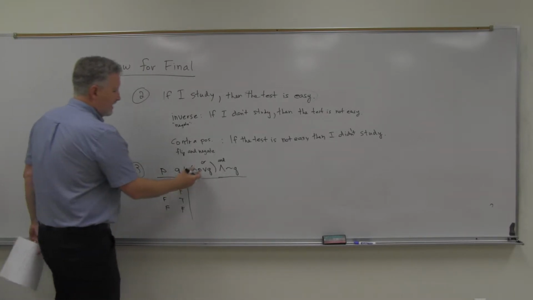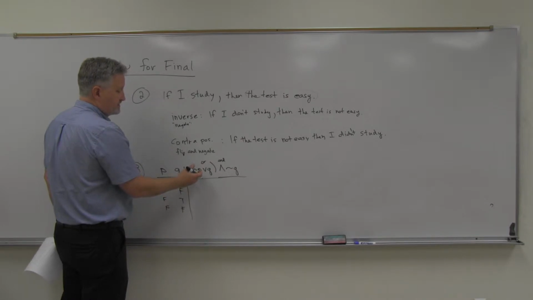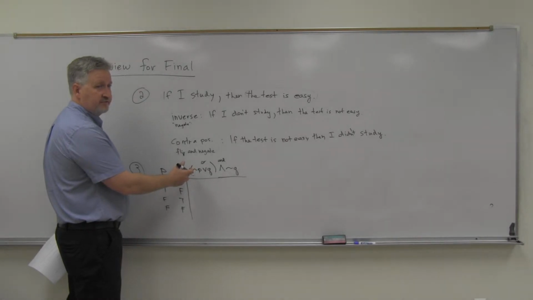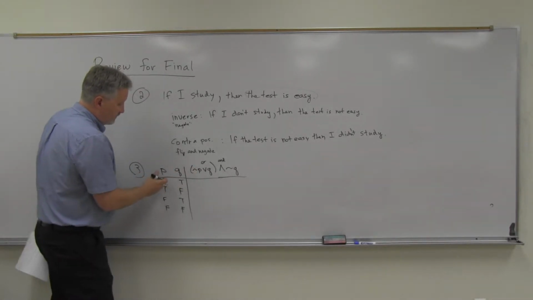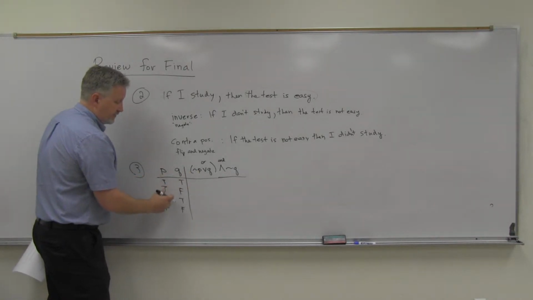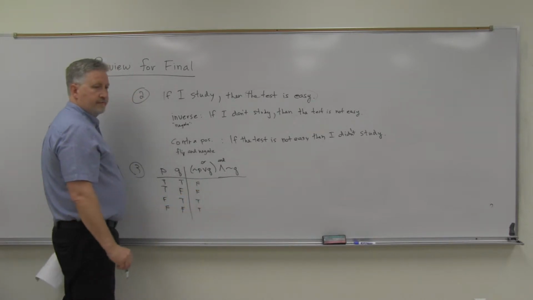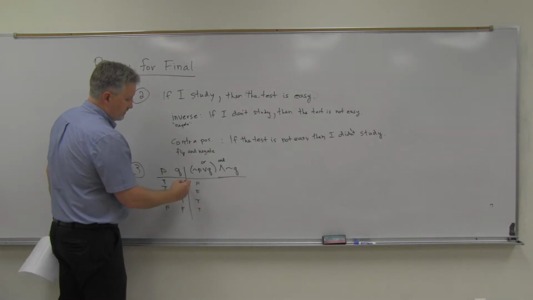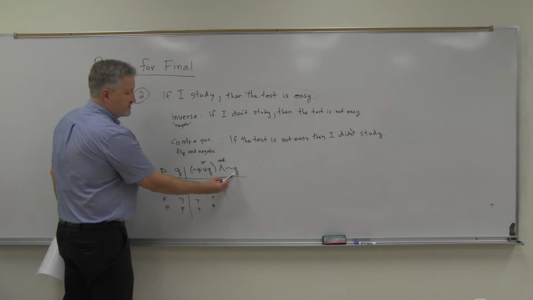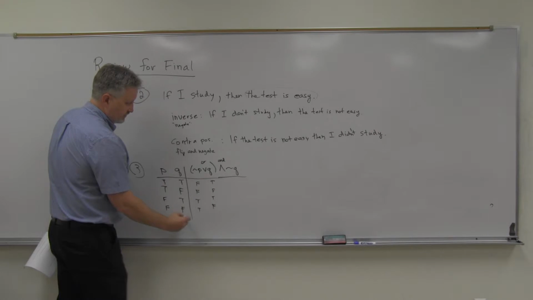What I like to do is go ahead and write underneath each one, because the little squiggly P means negate P, or negation of P. So whatever we've got for P, which is true, true, false, false, this means negate it, right? So I would do false, false, true, true. And then Q, that's just a copy of the Q column, which is true, false, true, false. And then this is the negation of Q. It's just the opposite of the Q, so it'd be false, true, false, true.